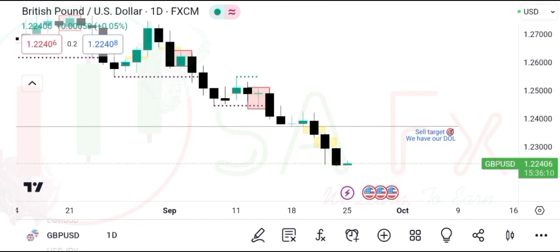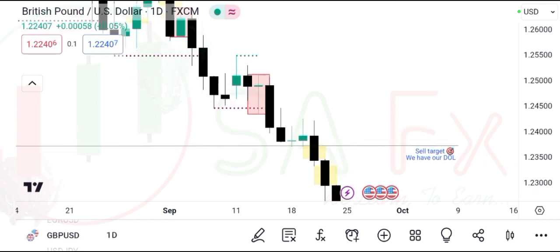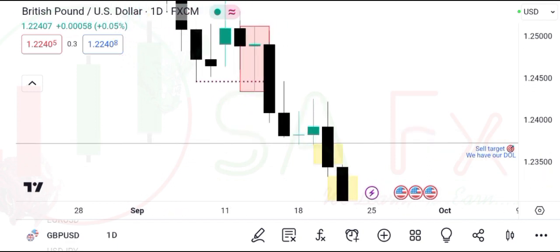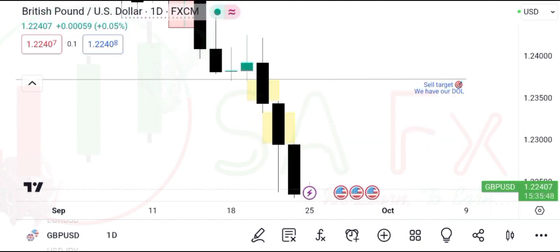Those zones marked yellow, those are our targets. Those are the fair value gaps. You see, those fair value gaps are our targets.